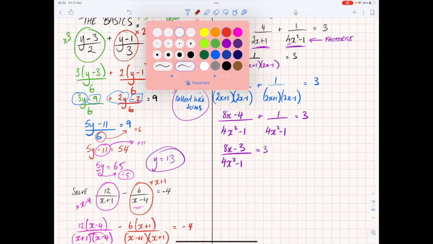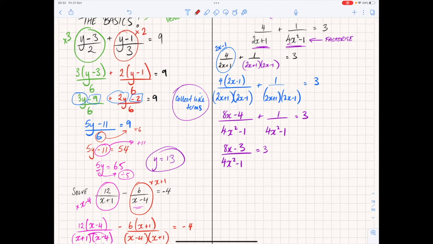Again, remembering that you don't add the bottoms together because they're already the same. Take this over that side, it becomes 8x minus 3 is equal to 3 brackets 4x squared minus 1. So 8x minus 3 is equal to 12x squared minus 3.